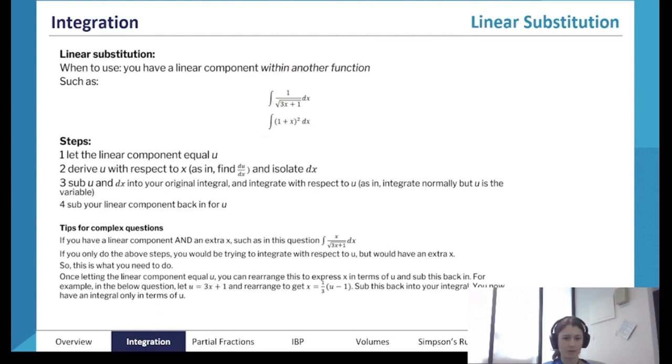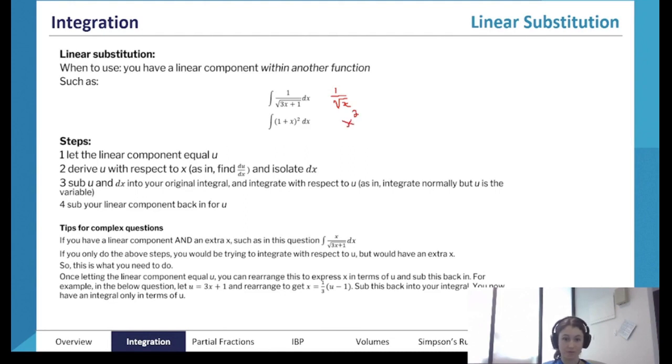However, if these two examples contained just an x, if we had 1 over root x, we would be able to integrate that just by using the power rule. Similarly, with this one, if we just had x squared instead of the linear component, we would be able to integrate it.